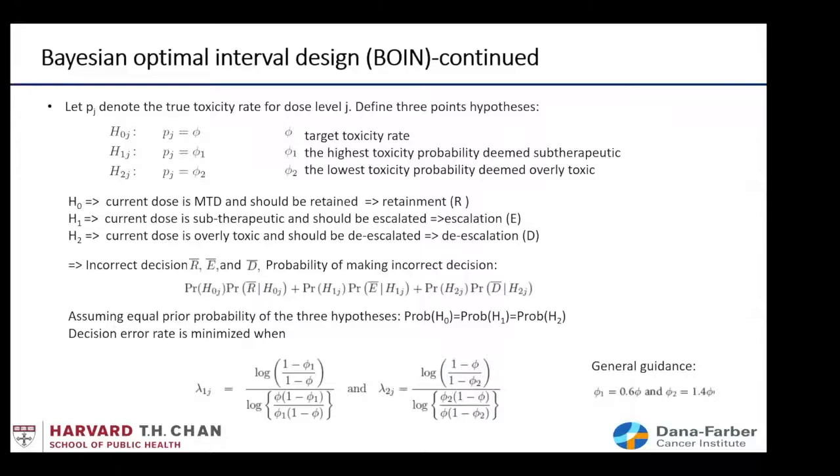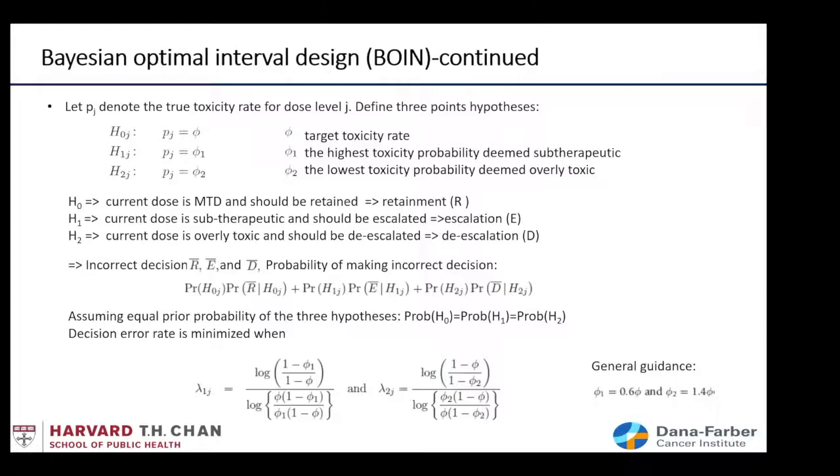Then phi 2, the lowest dose level deemed overly toxic, means this level and all levels above already exceed the MTD. So there are 3 hypotheses. The first one is what we want: the true DLT probability of this dose level is the target dose toxicity rate.